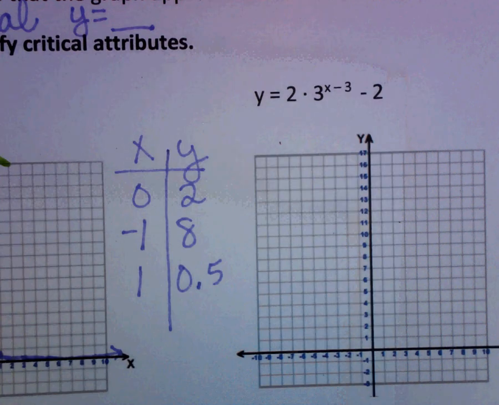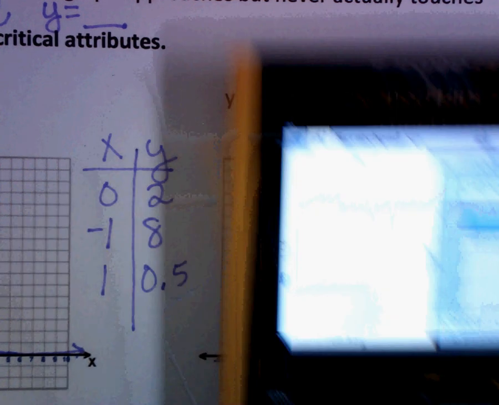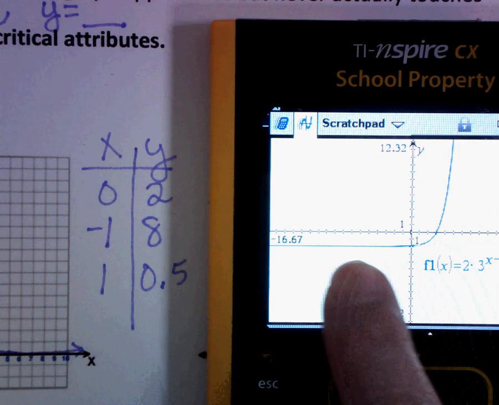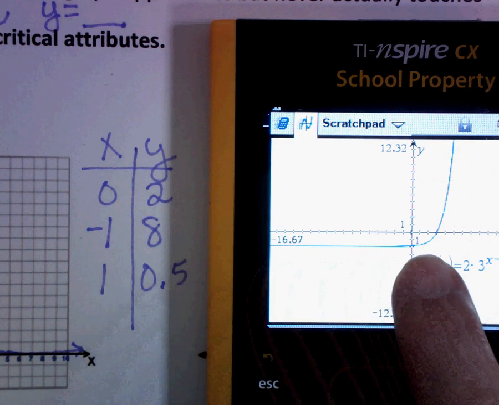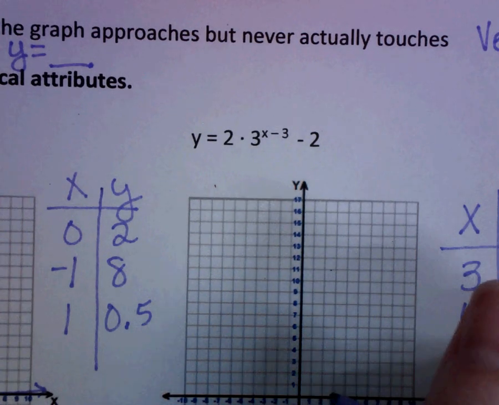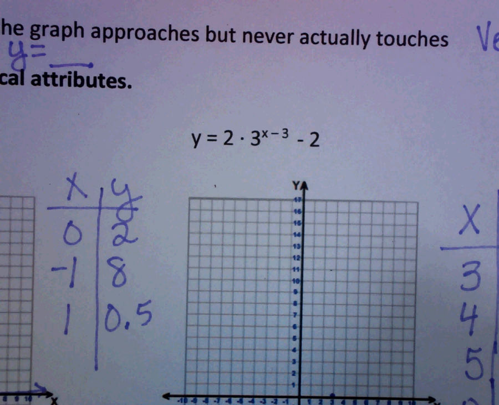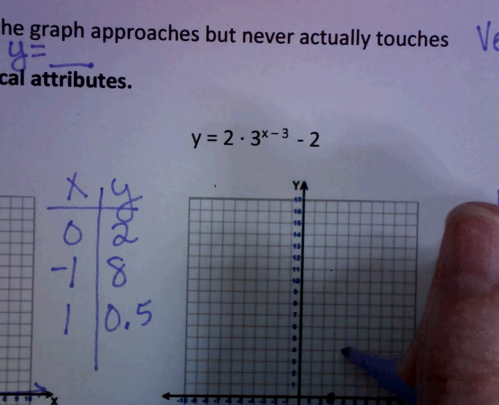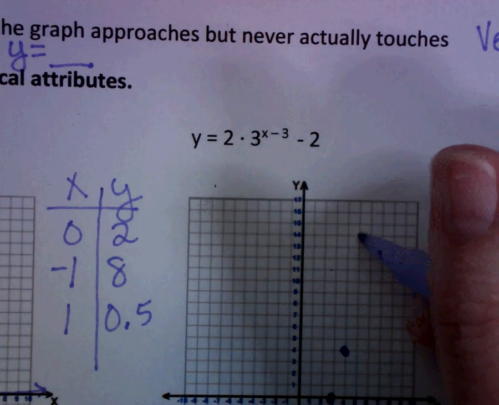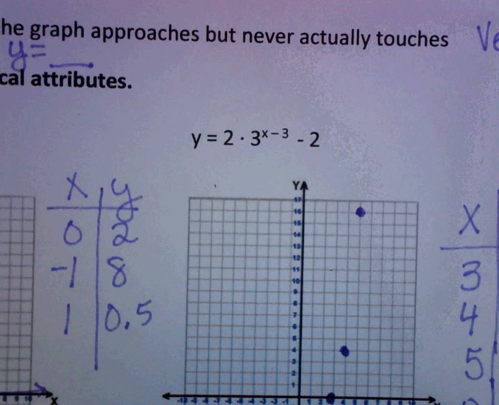That's because we are so close to -2, but we're not actually touching it. Okay, so let's look at that. We've got 3, 0, we've got 4, 4, 5, 16, and then here.